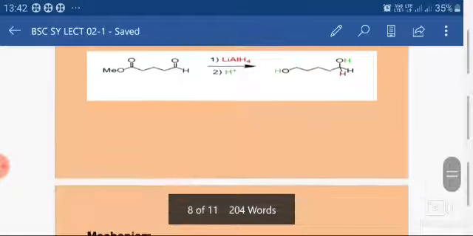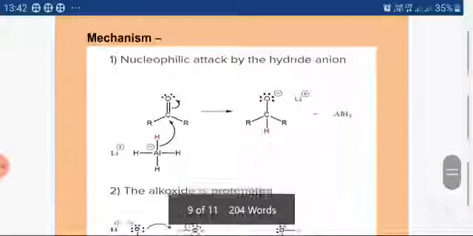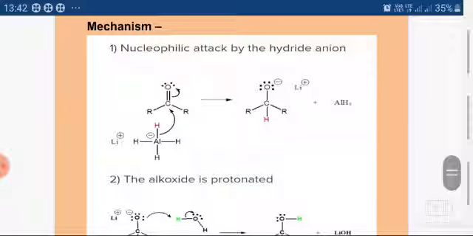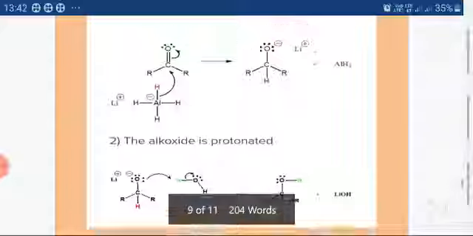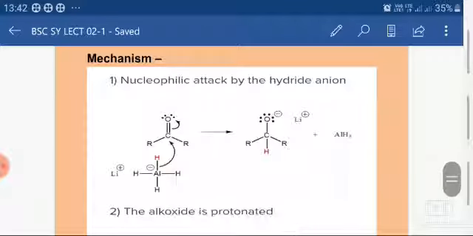So all these are the reduction reactions. You can practice all these. Then the next is the mechanism of the reduction by using lithium aluminum hydride. It involves just 2 steps, and this is a very simple mechanism. In the first step, there is nucleophilic attack of hydride ion on the carbonyl group. So see here, the carbonyl group is undergoing attack of the hydride ion from lithium aluminum hydride. One of the hydrides attacks the carbonyl group, and there is formation of an oxyanion.